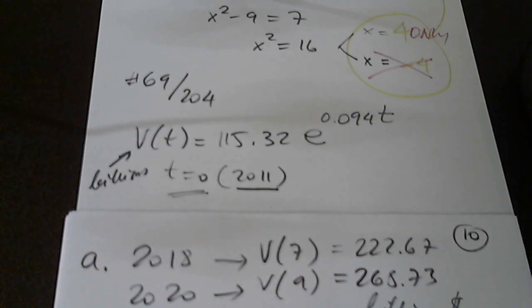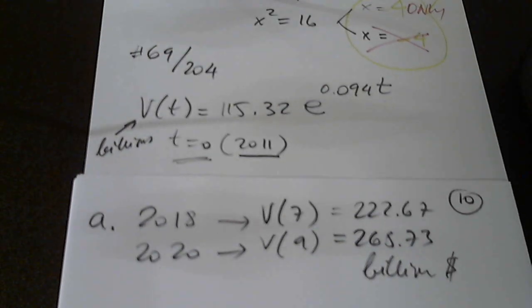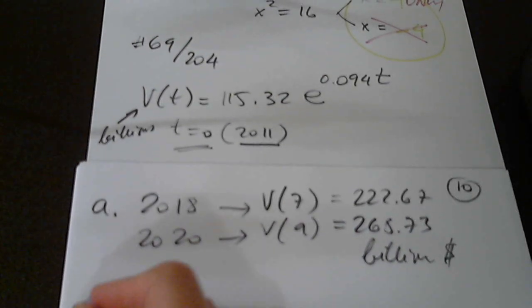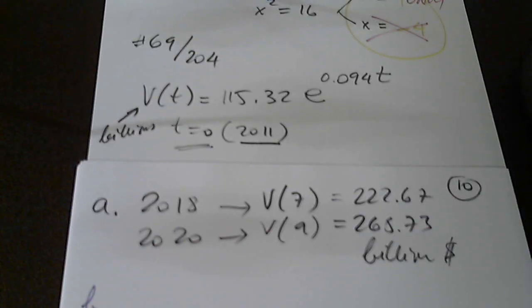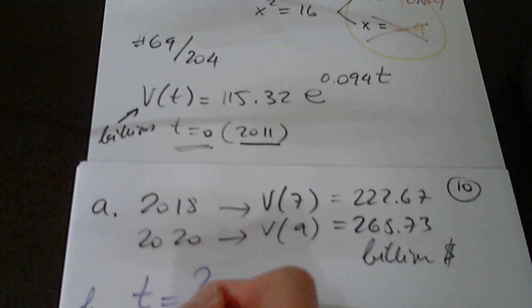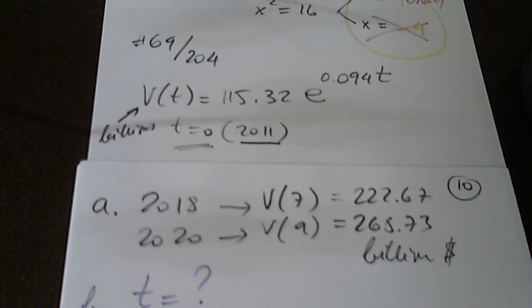What am I asked to do now? In part B, when will the value reach 150 billion? What do I do now?